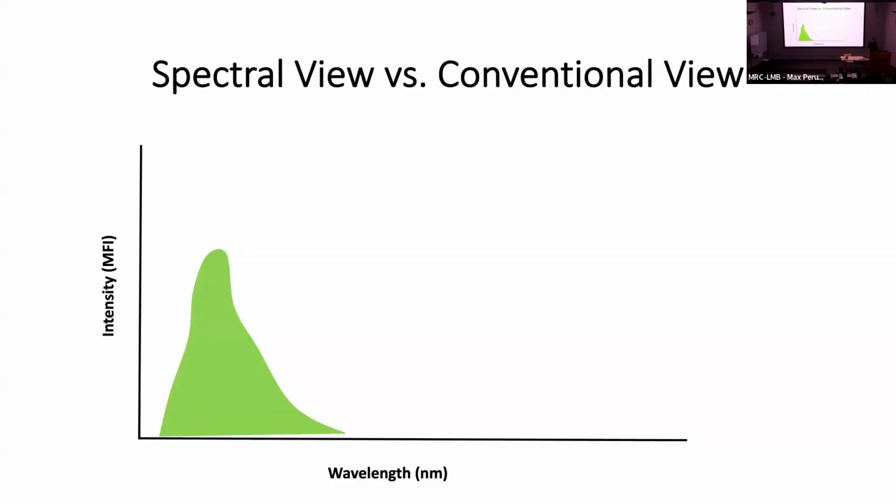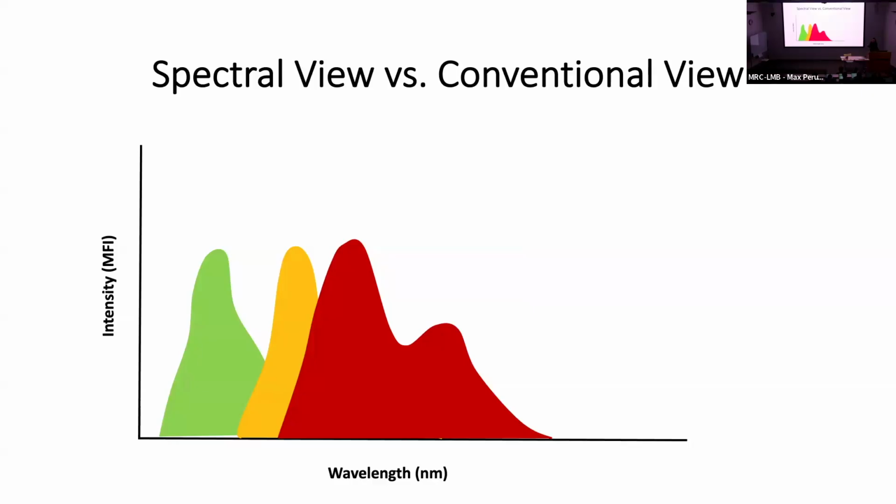If you're looking at typical flow fluorescence emission plots, this is an example of, let's say, a green fluorescence emission, which follows a semi-Gaussian distribution. And you can start looking at multiple different spectra of particular proteins. If we do that in a more conventional way, you can start to see that there's some overlap between, let's say, your green fluorescent protein, maybe something in the yellow range, and then again in the red range.